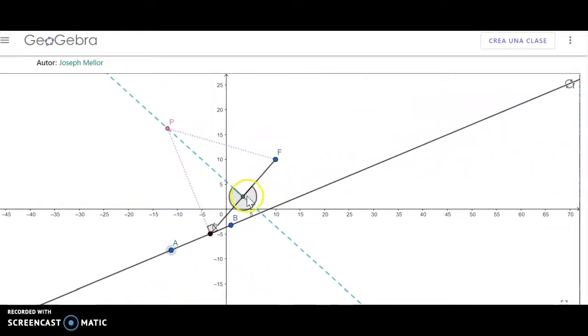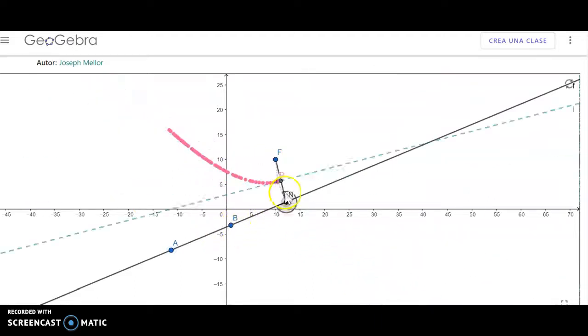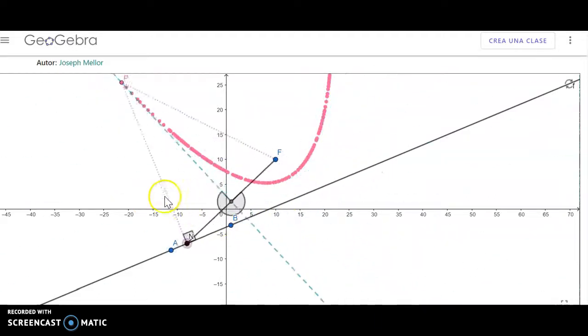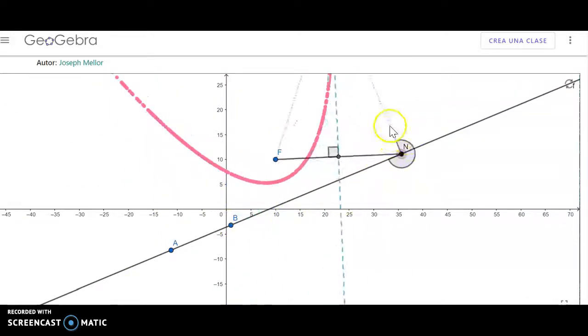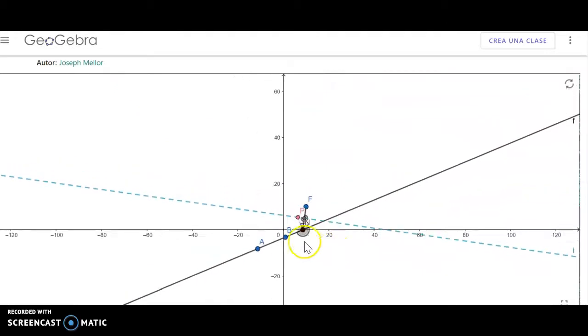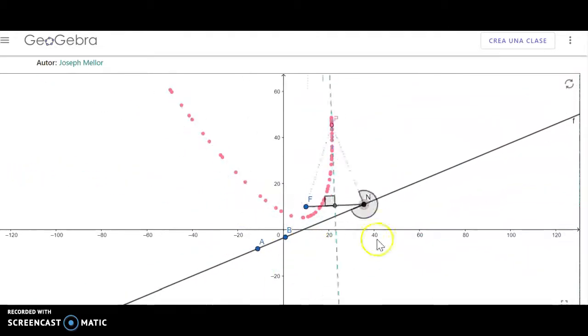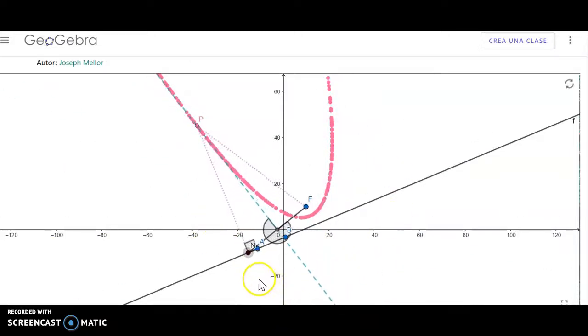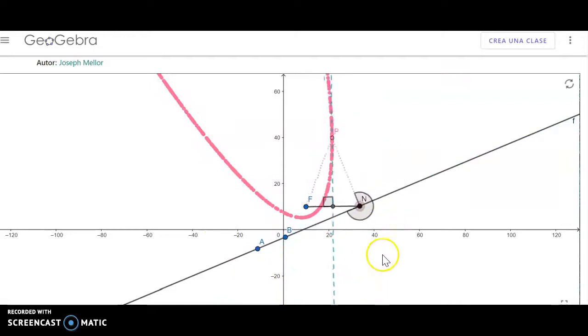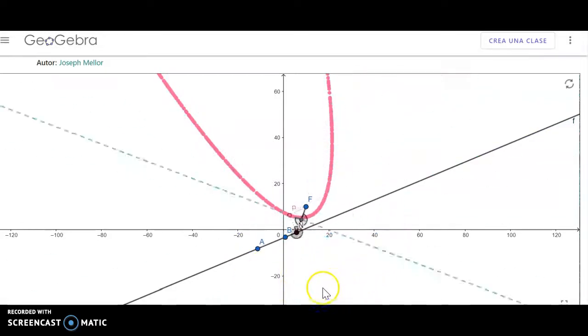Let's see what happens when we move point N. It's still a parabola, but it's tilting a little to the left, if you can see. Let's do it again. A little tilt to the left, you can see right there, but still the same concept.